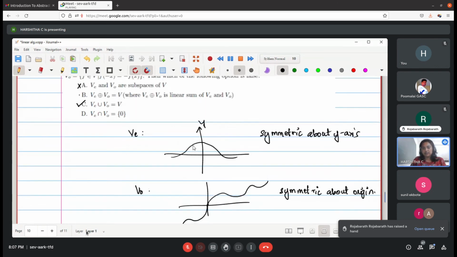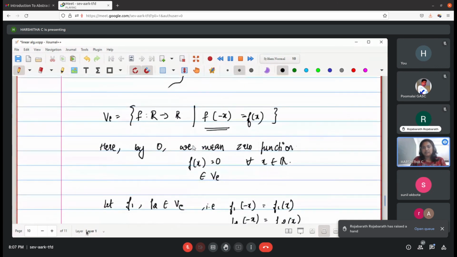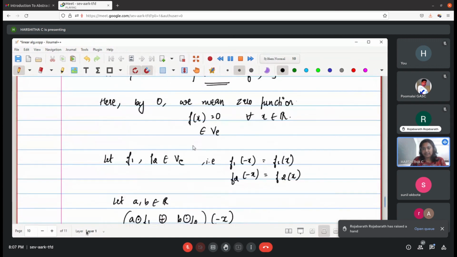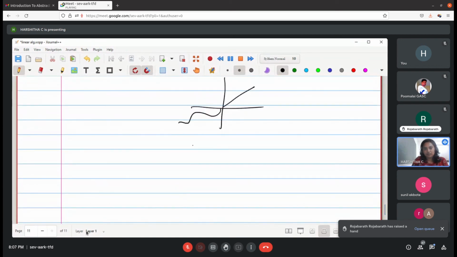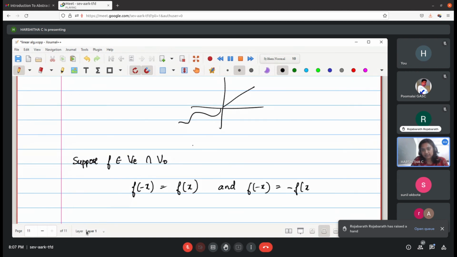That also you can see it is not a very difficult thing, because if a function is odd and even, what does it mean? Suppose f belongs to VE intersection VO. Since it belongs to VE, f of minus x equals f of x. Since it belongs to VO, f of minus x equals minus f of x.